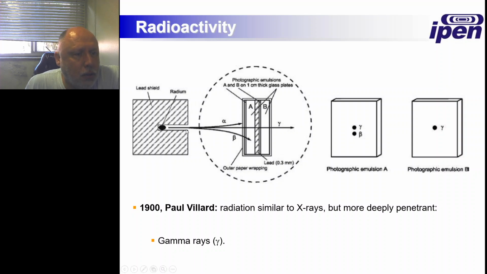You had another kind of radiation that by the curvature you could tell it was lighter, and you could tell it was negative because it leaned towards the positive plate down here. It would go okay through the paper wrapping, but it would stop on the first detector.